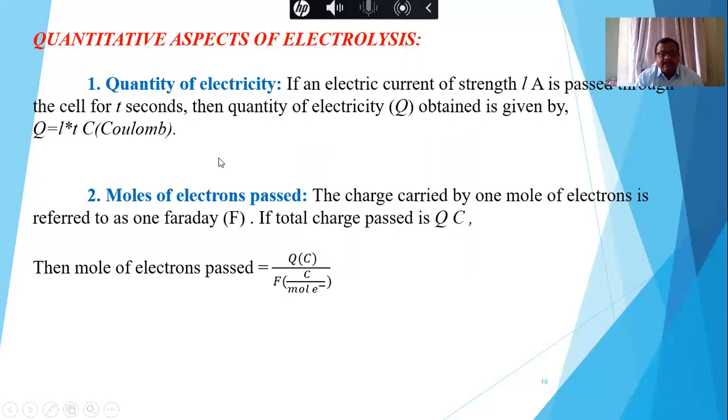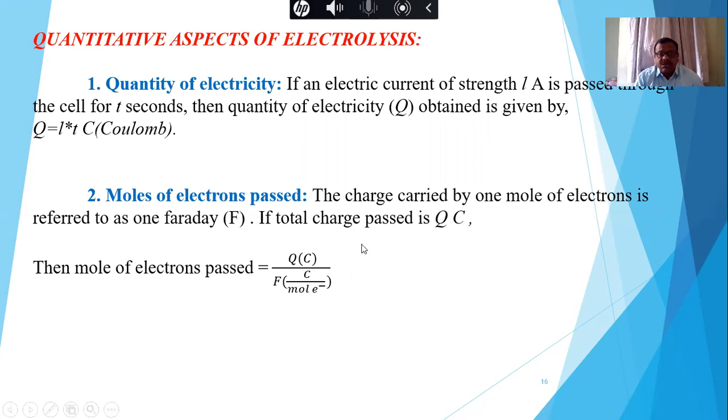The second aspect of electrolysis is the moles of electrons passed. The charge carried by 1 mole of electrons is referred to as a Faraday. I repeat again, the charge carried by 1 mole of electrons is referred to as 1 Faraday.